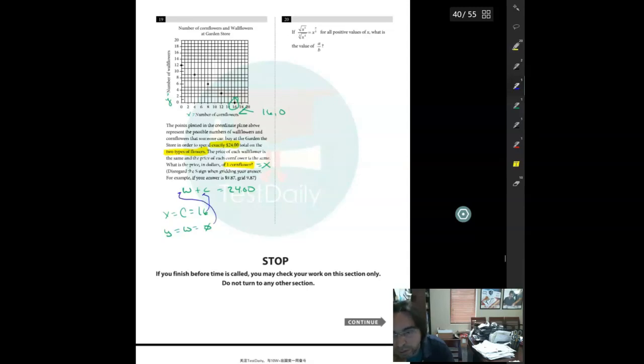So now writing it, I would have 0 times the cost of wallflowers plus 16 times the cost of the cornflowers equals 24. Of course, that gives me 0 there. So now I have 16c equals 24, so c equals 24 divided by 16. So I get c equals $1.50 as my answer choice.